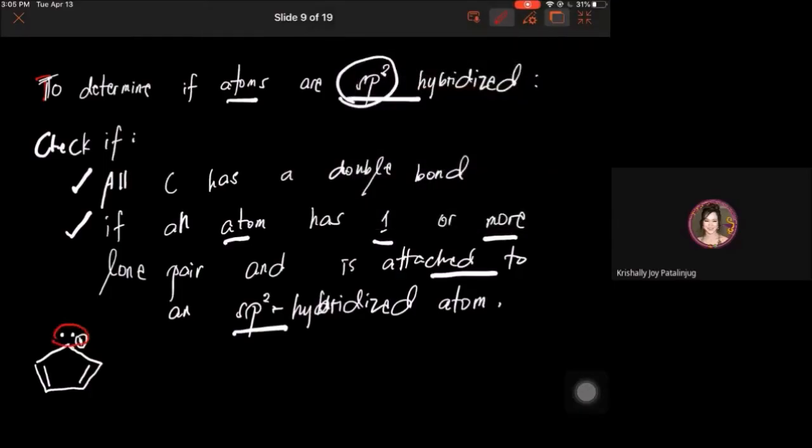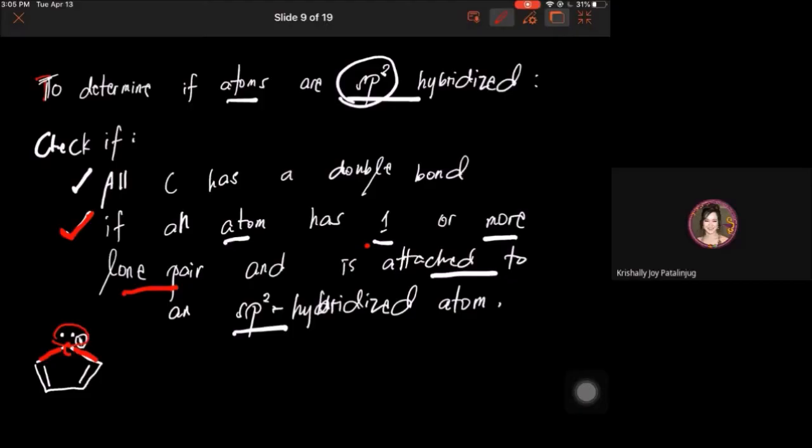That is a lone pair. According to criteria number 2, an atom can be sp2 hybridized if it carries a pair of lone electrons, even without a double bond attached to it. This is a carbon with no double bond. It has single bonds, and an imaginary hydrogen since this is a skeletal structure.